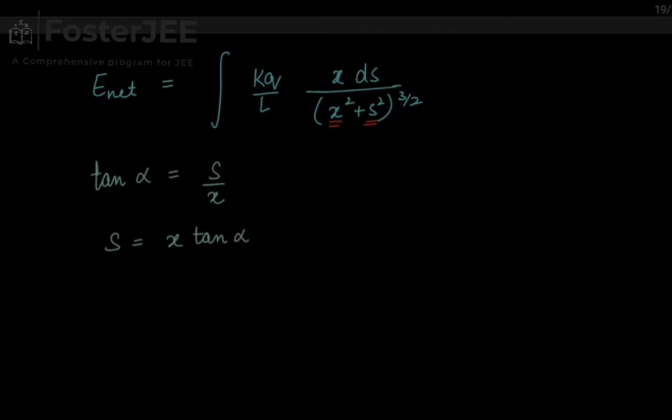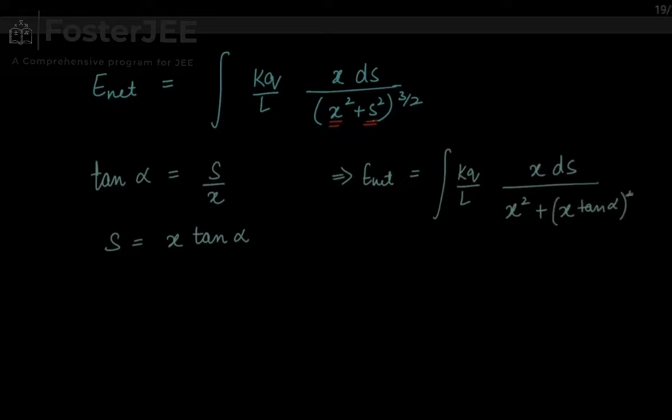Now we will put the value of s in terms of x. So this becomes E net to be integration kq by L x ds upon (x square plus x tan alpha square) whole power 3 upon 2.